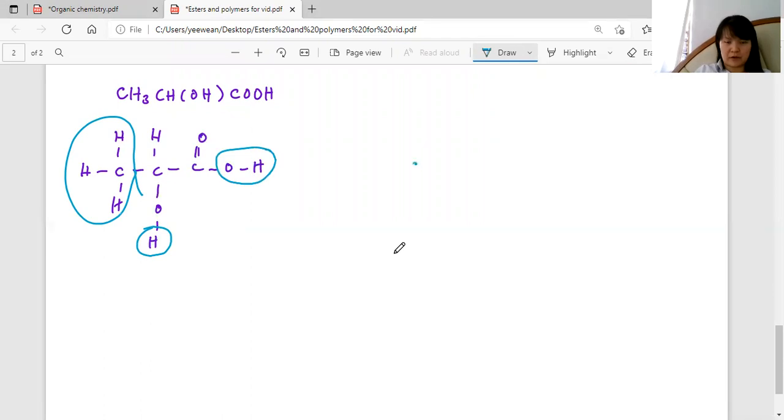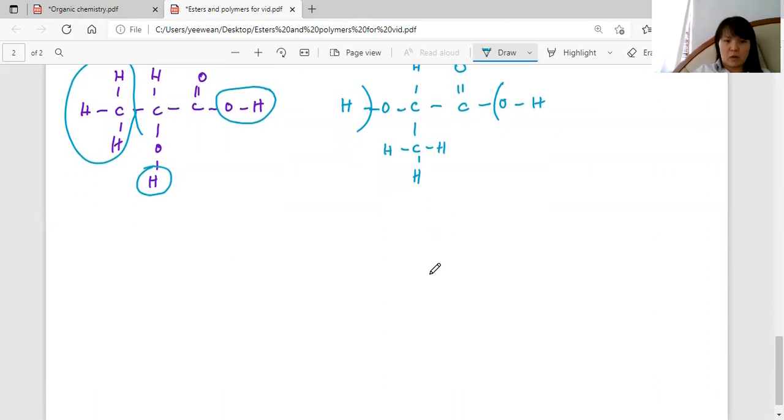Okay, I'll redraw that first. So H, here I'll put the CH3. It is the same if I put the OH here, because I need this H later. And COOH, I need this OH. Okay, let's polymerize that. One repeat unit. So I start here. O, C, CH3, simplify that.